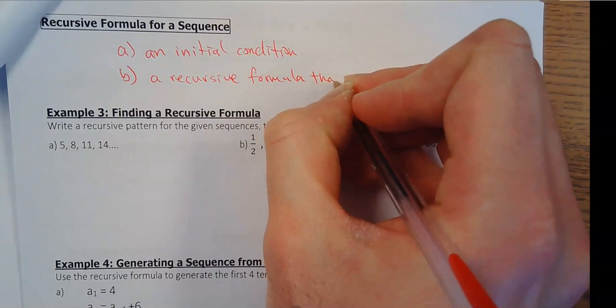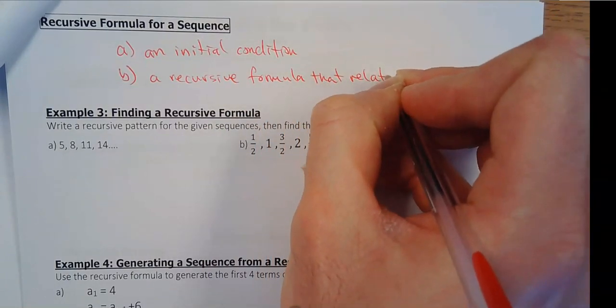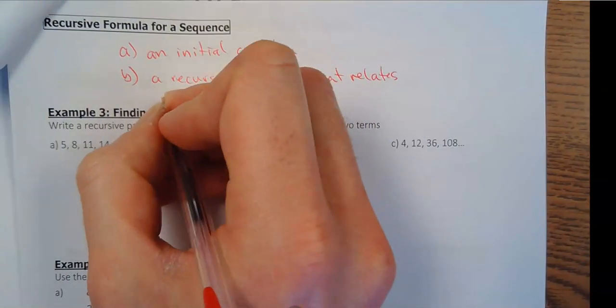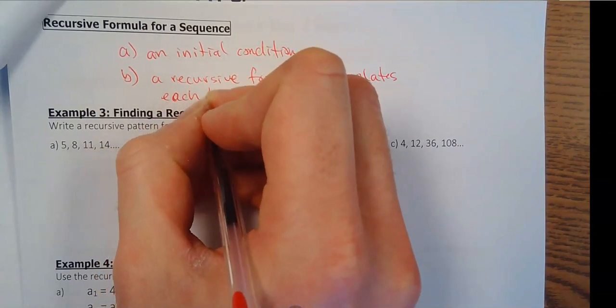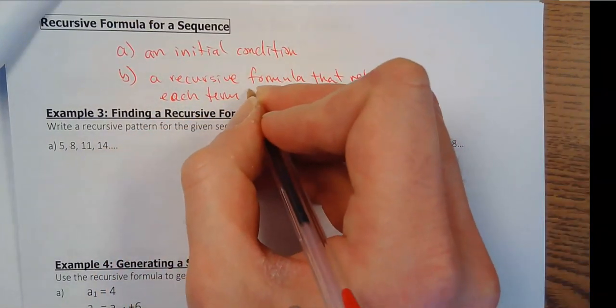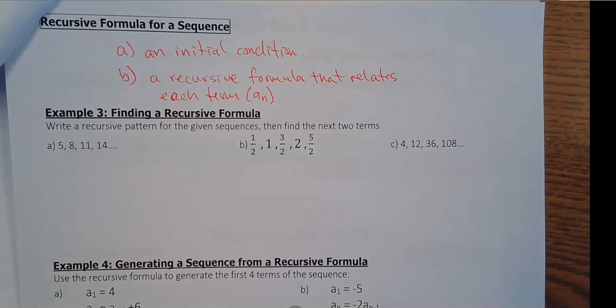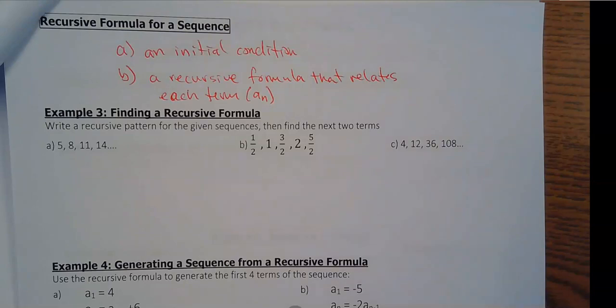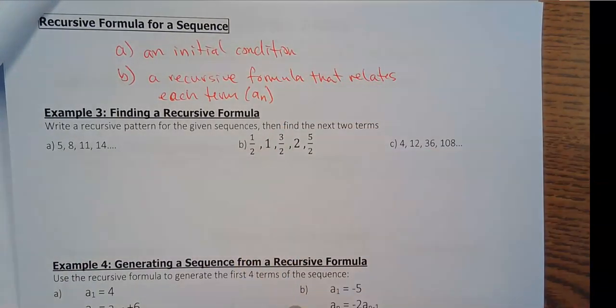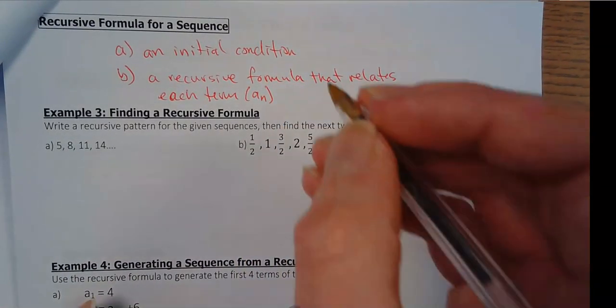So a recursive formula that relates each term, and we'll call each term a sub n. So n being which number it is. So a sub 1 is the first one, a sub 2 is the second one, a sub 3 is the third one, a sub n is the nth one. Kind of describes them all.